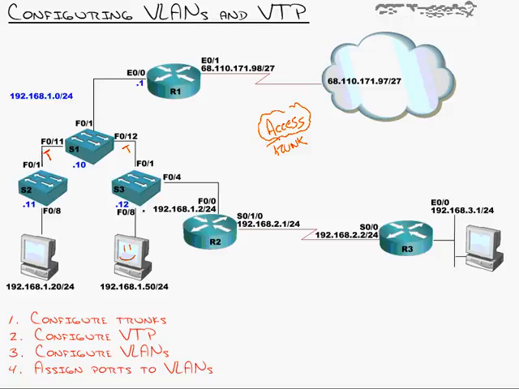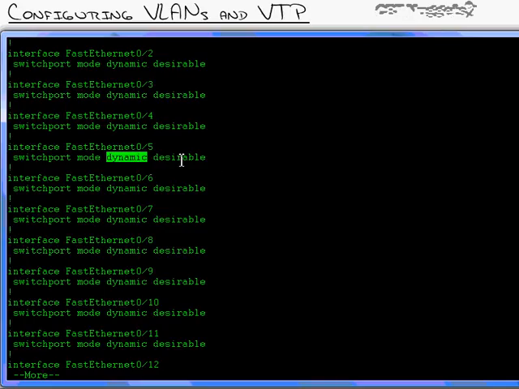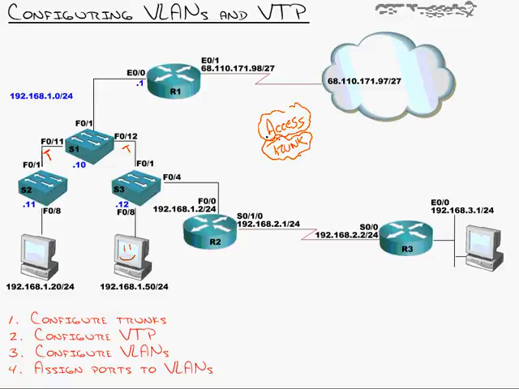It will always be on one VLAN. We will not negotiate a trunk connection. The trunk ports are used between switches, and that is the one that transmits all VLAN information between the two switches. Now, the default again is dynamic desirable, which means I will dynamically switch between these two modes. If I detect another switch plugged in, I'll convert to a trunk port. If I detect a PC plugged in, I'll convert to an access port.